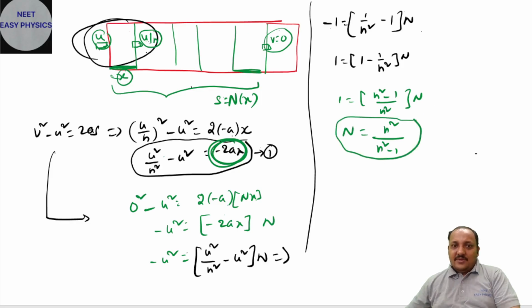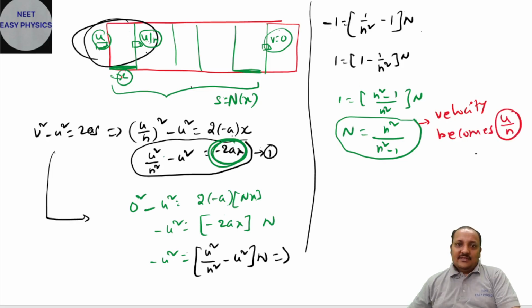So this formula you have to apply whenever velocity becomes 1 by nth of the initial velocity after passing through a certain distance. Generally they will give, for example, initial velocity u becomes u by 20, so the n value is going to be 20.